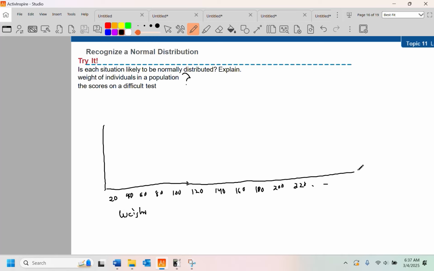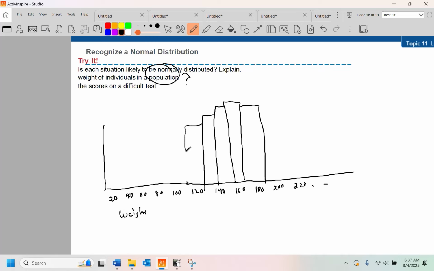If you talk about a large number of people, which is what they're talking about, a population, you're going to find that the majority of the people are somewhere in the middle. Of course, America's getting fatter every year, but the majority of people are going to be in this vicinity right here. And then it's going to start tailing off evenly. Now, this is like the children's home, and this is like the really obese people. But yes, for a population, the weight is going to be normal.